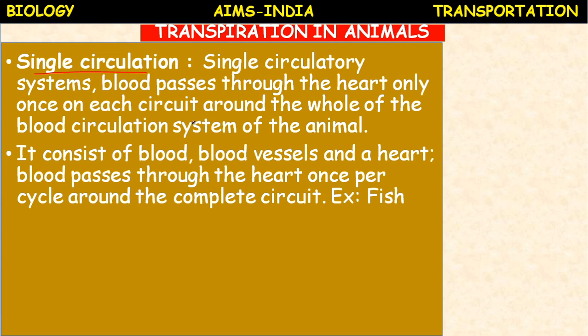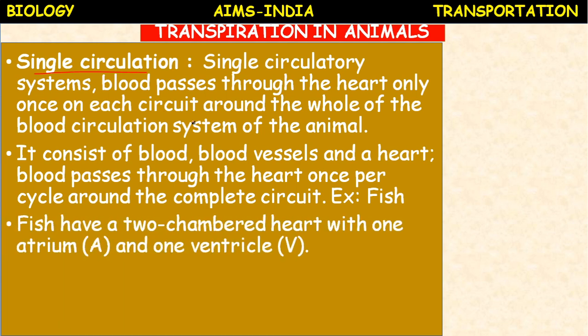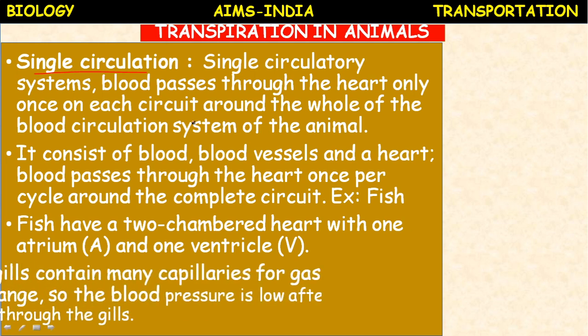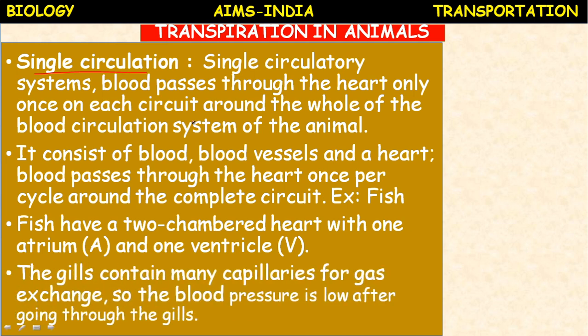The blood passes through the heart once per cycle around the complete circuit. Example, fish. Fish has a two-chambered heart with one auricle and one ventricle, or one atrium and one ventricle. The gills contain many capillaries for gaseous exchange, so the blood pressure is low after going through the gills.